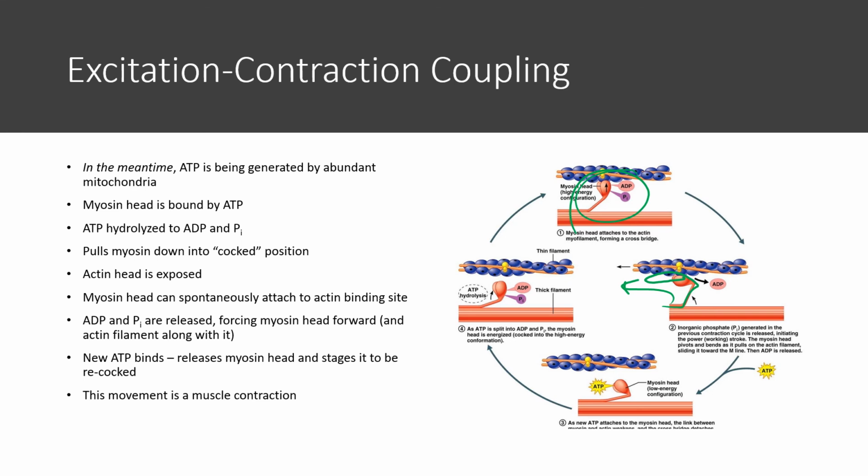When a new ATP binds, the myosin head is released and stages it to be cocked and ready to go again. This process, coupled with the excitation contraction coupling process with calcium release, is ultimately what causes contraction at a molecular level.